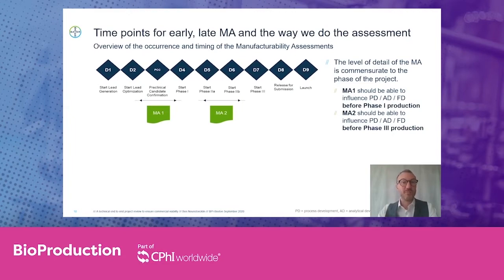For our manufacturability assessment, we decided that we want to be able to modulate production for phase 1, and therefore decided to conduct it before the start of phase 1. And a second, more precise assessment is planned during phase 2, but before phase 3, so we can influence the production process that will be used for phase 3 supply.